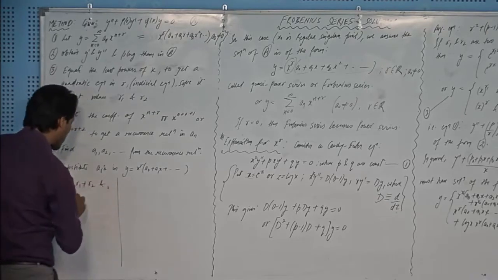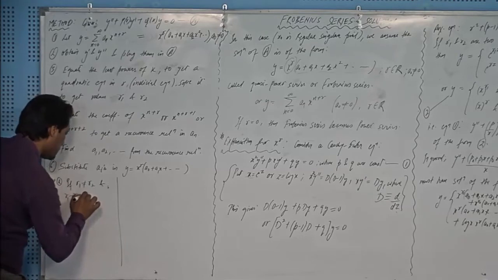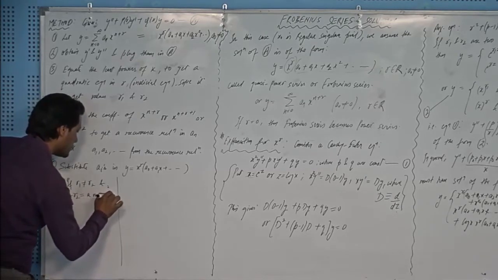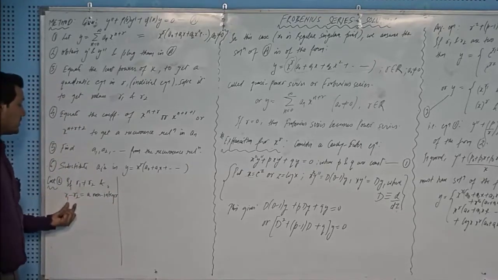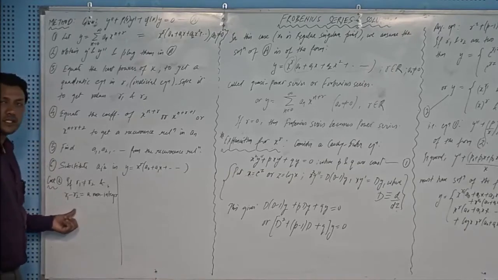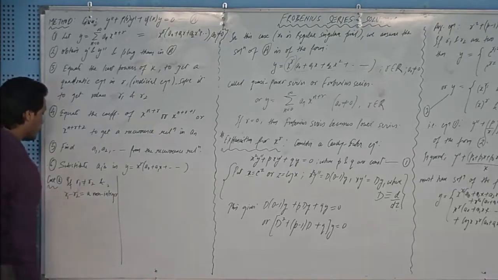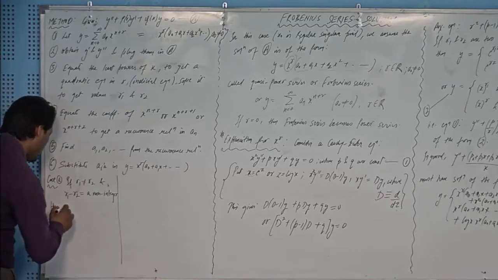And an important point is that r1 minus r2 is a non-integer value. This is also important. First thing is that they should be distinct, but the difference should be a non-integer, right? I will explain this point later in our next video, why this is taken.